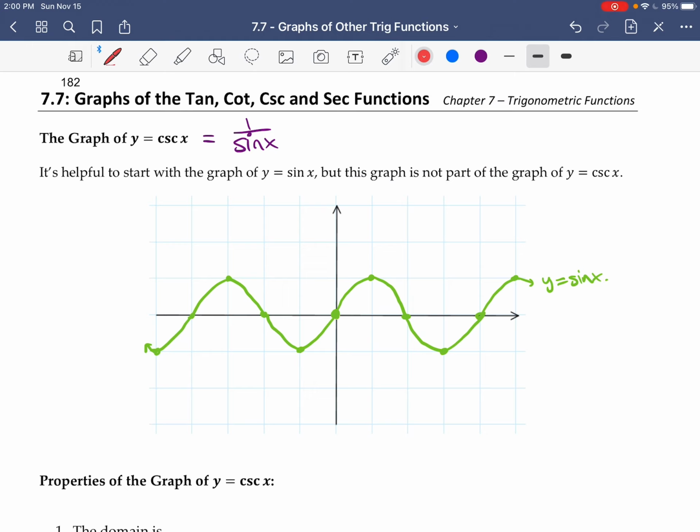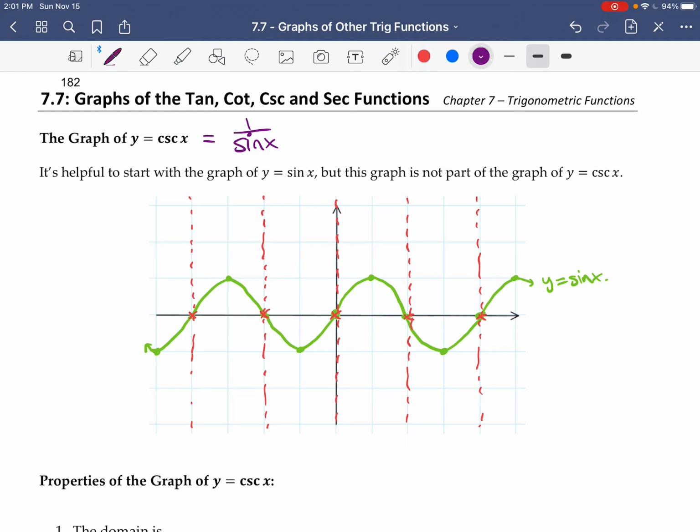Now we want to graph cosecant x. So everywhere that sine of x is 0, we're going to have a vertical asymptote. So at all of these x-intercepts here, I actually get a vertical asymptote, because I can't divide by 0. So I'm just going to replace all of these with vertical asymptotes, like that.